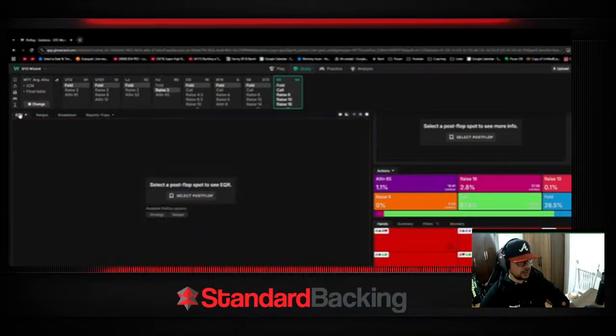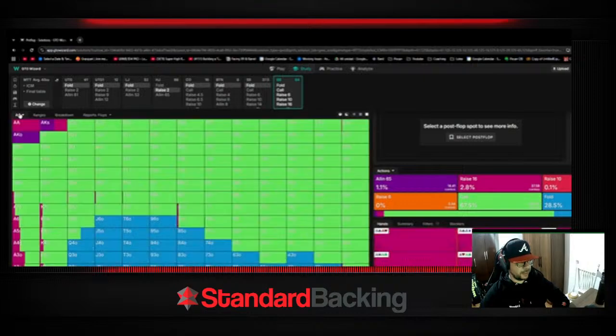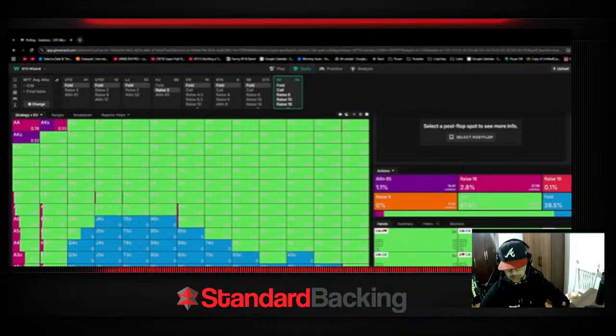So yeah, the jamming and the 3-bet is making 0.3. So yeah, it's winning the double, shoving here again, 65 blinds. Is quite strange, right?